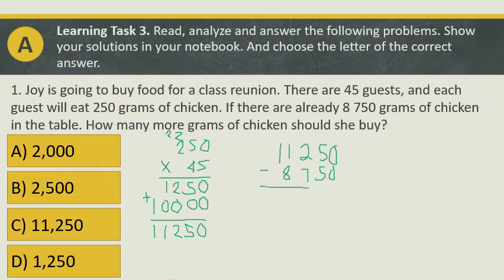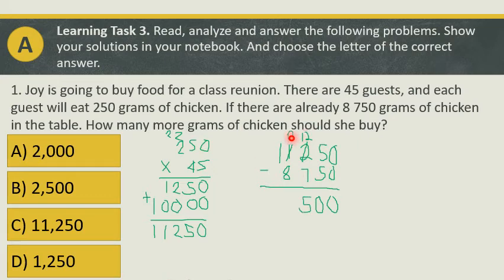So, let us find the difference. So, 0 minus 0 is 0. 5 minus 5 is 0. 2 minus 7 cannot be. So, yung 2 ay magiging 12. Manghihiram siya ng isa dito sa 1. So, ito ay magiging 0. So, 12 minus 7 is 5.